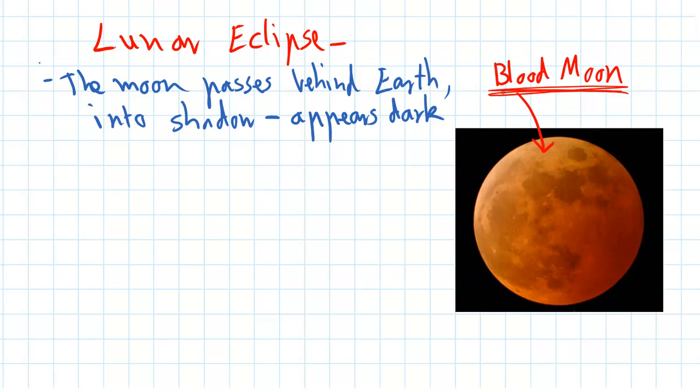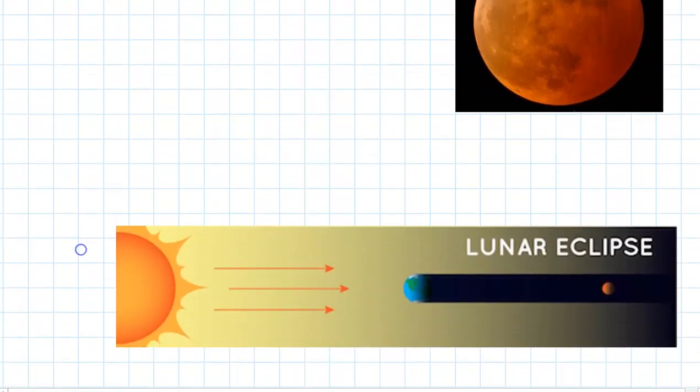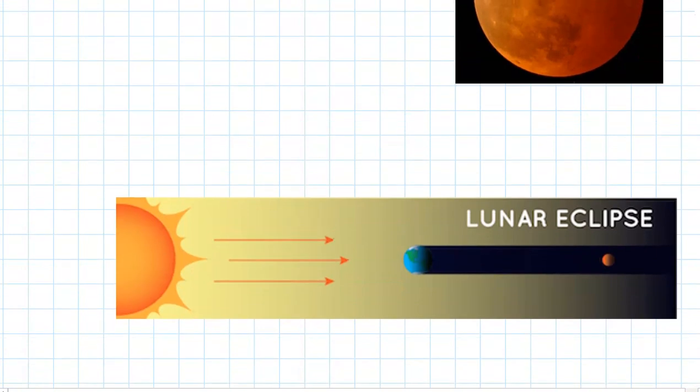Okay, so these eclipses are a lot more common than solar eclipses. And let's have a look why. So here's how it works. We've got the sun, we've got the Earth, and then there's a shadow behind the Earth because it's blocking out the sun's rays. And when the moon happens to pass exactly into the shadow, then everyone who's on the night side of Earth can see that lunar eclipse.